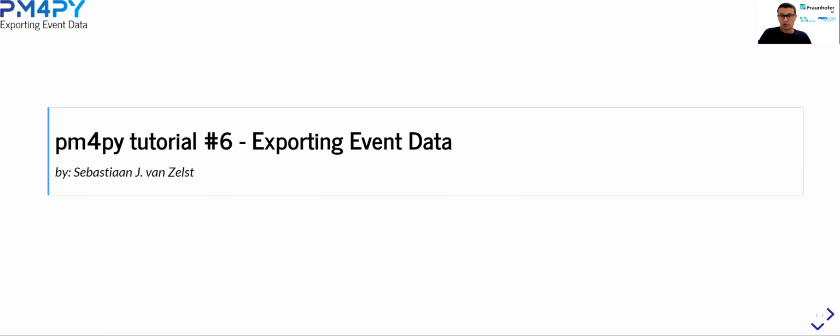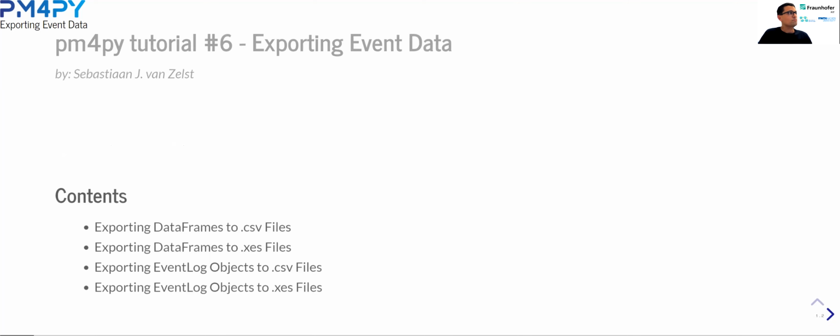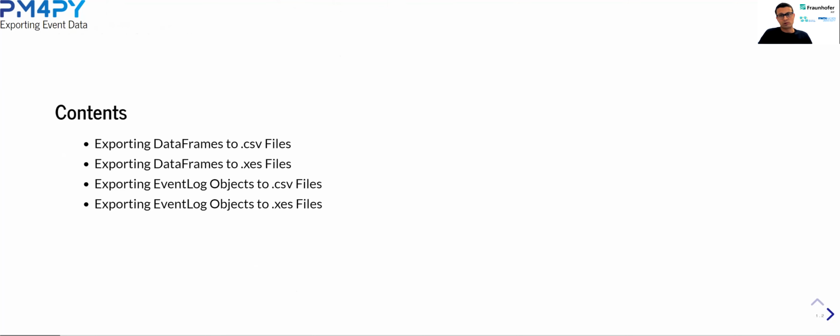Today will be a fairly short tutorial on how to export event data. Certain things will be extremely easy and other things will be a bit more involved. First of all, I hope you remember that in pm4py we support data frames, that you might need to convert a bit to accommodate the fact that the data frame is containing event data.